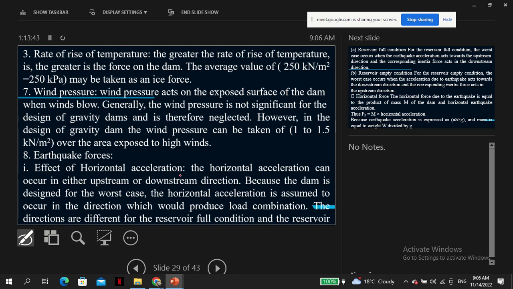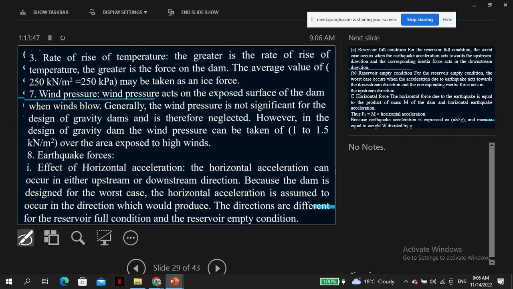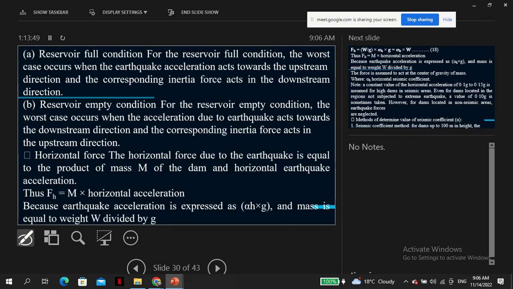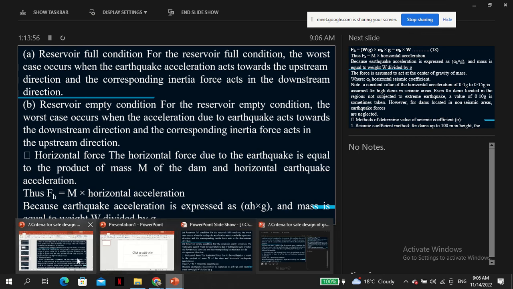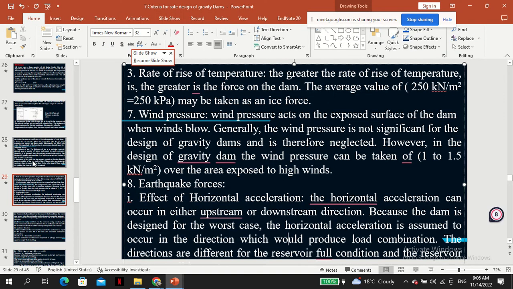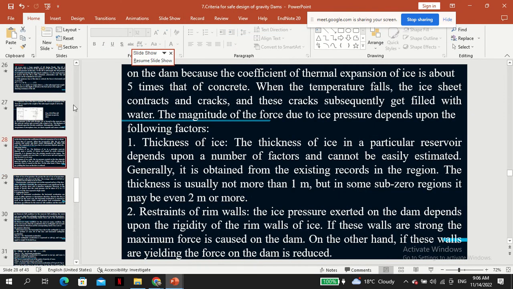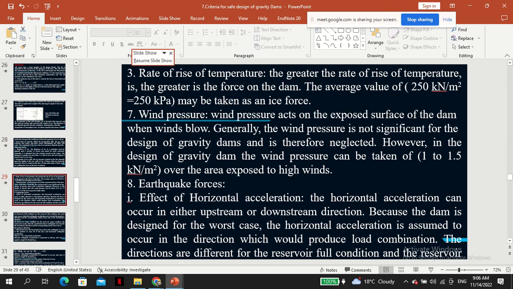The directions are different for reservoir full and reservoir empty. So here again you have to consider whether the reservoir is full or empty, because those give extreme load variations on the dam.